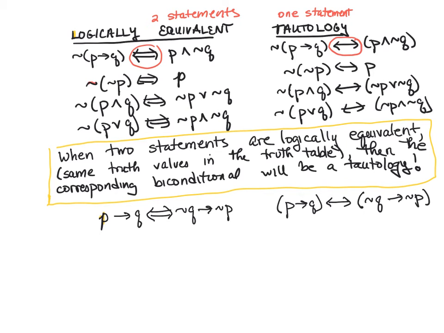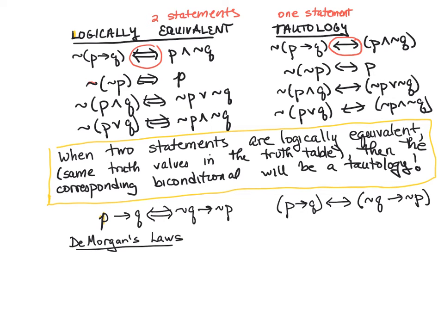Now, in logic, sometimes we write our laws in this way. We don't write them as a conditional, but sometimes we write them vertically. For instance, we could write De Morgan's laws instead of saying this statement up here.